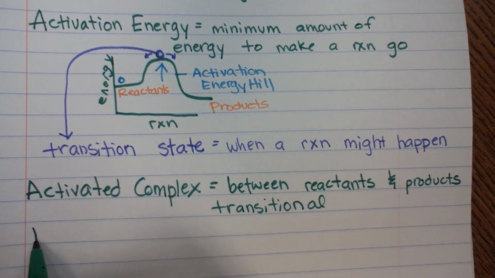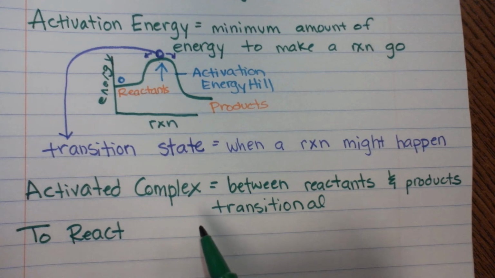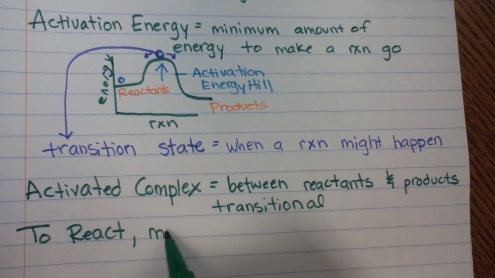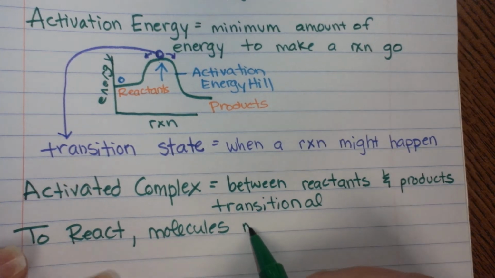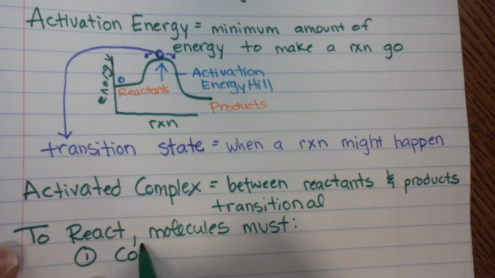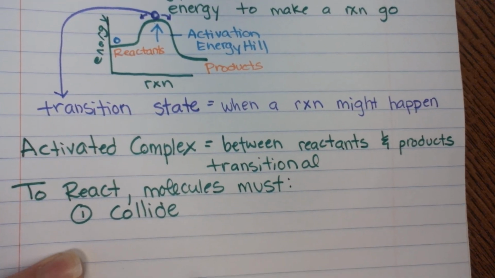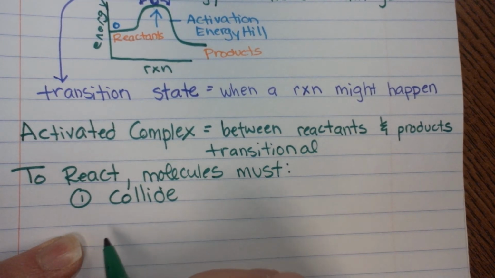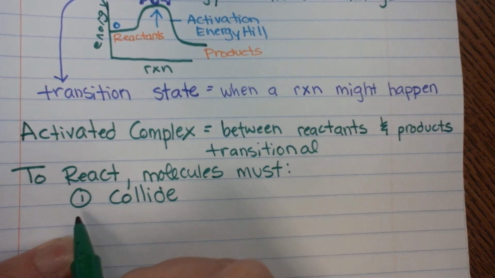So what do we need to actually make sure the reaction happens? To react, molecules must do three things. Number one, they have to collide. They have to run into each other. They actually have to make contact. That makes sense, because if they're going to synthesize something new, they have to run into each other.